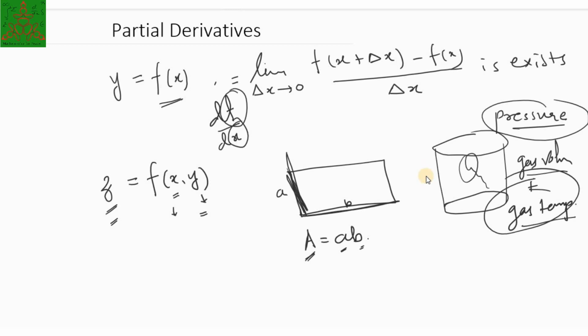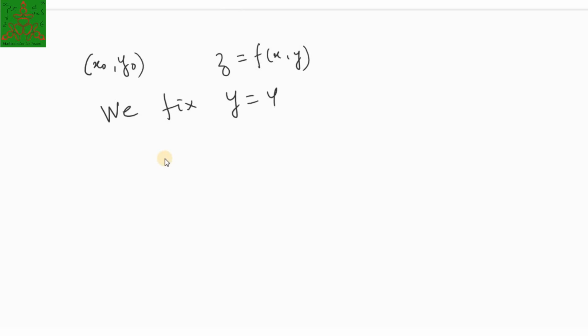So with this idea we are trying to describe the rate of change of functions of two variables. Suppose you are given a point x0, y0 which is in the domain of the function f of x, y. Now we fix y equal to y0.